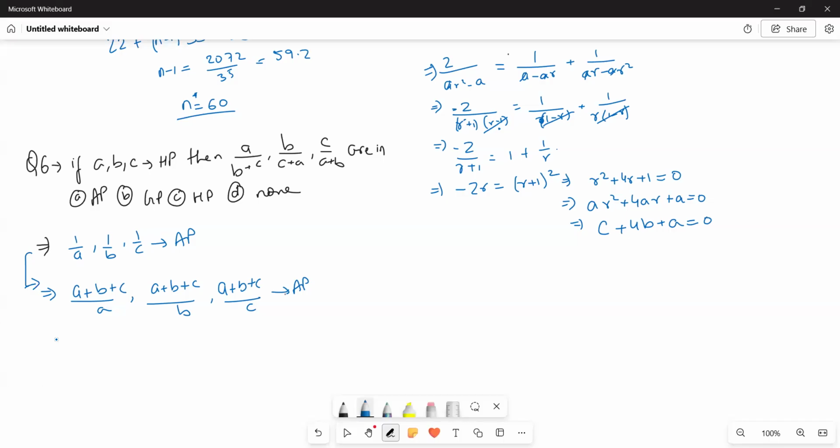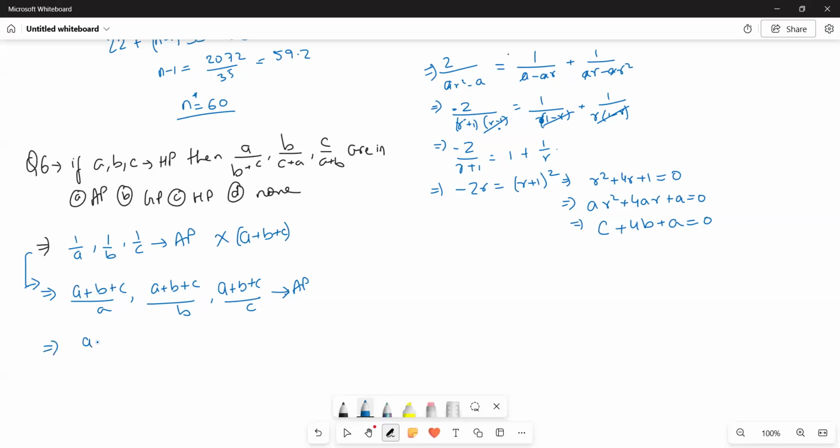ठीक है ना? This was the second property that we had done for AP. If all terms of an AP are multiplied with the same value, so यहाँ पे 1 by A, 1 by B, 1 by C are in AP, and we multiply all the terms with the same value A plus B plus C, then the resulting sequence will also be in AP. ठीक है?